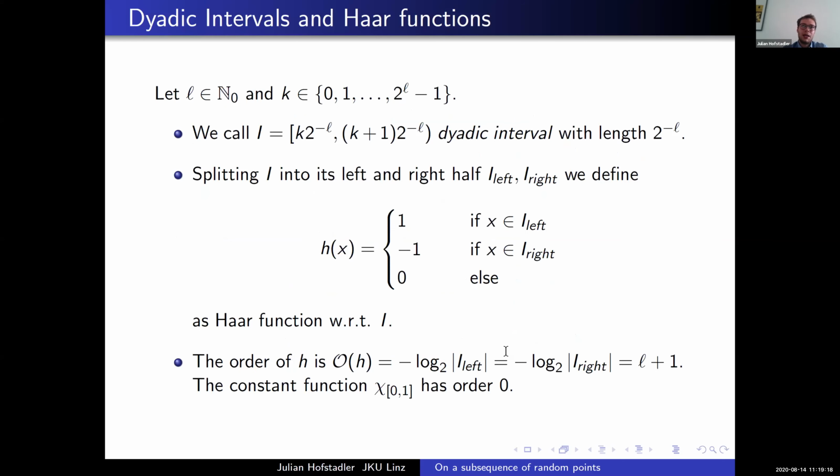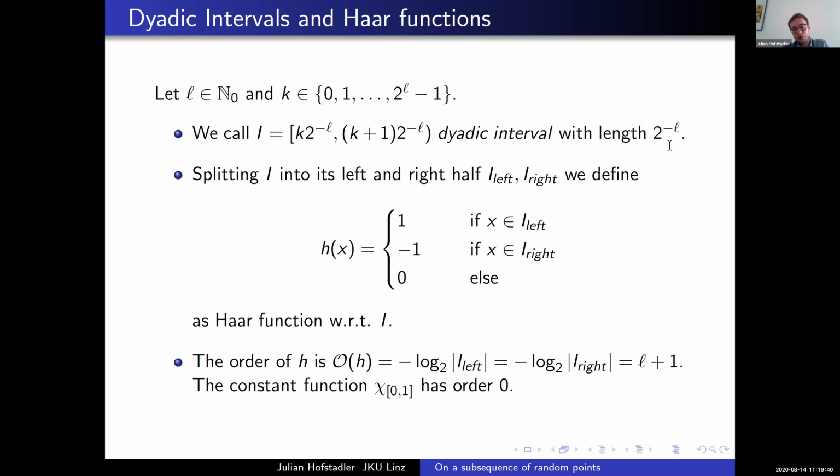We're gonna create these conditional densities by dyadic intervals and half functions, or in the multidimensional case, dyadic rectangles and half functions. So let me just go quickly through the notation I will use. An interval I of this form I will call a dyadic interval.